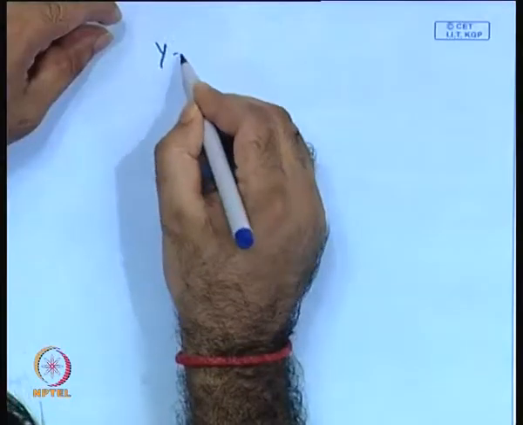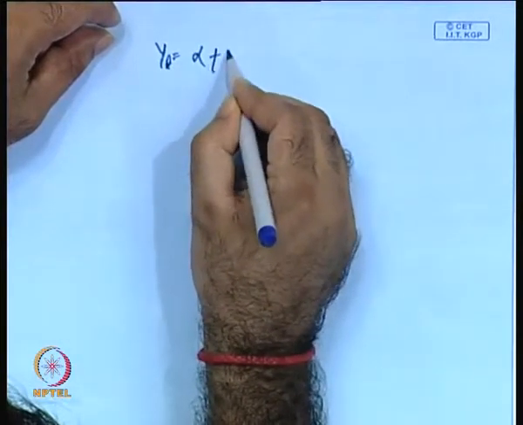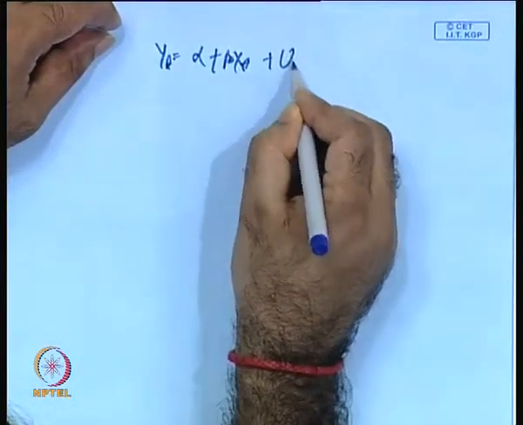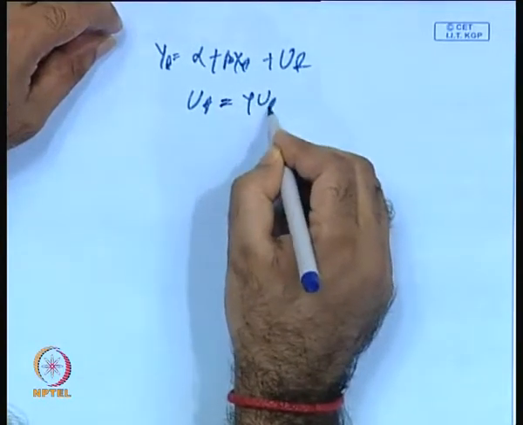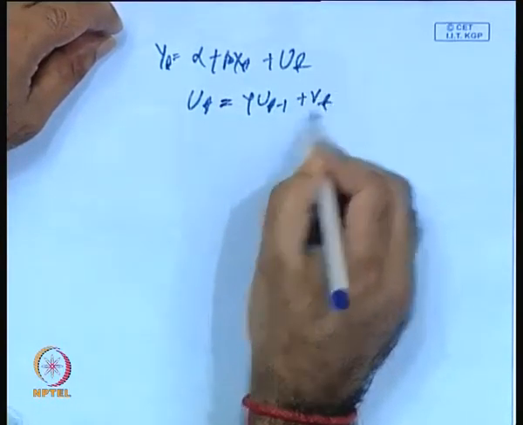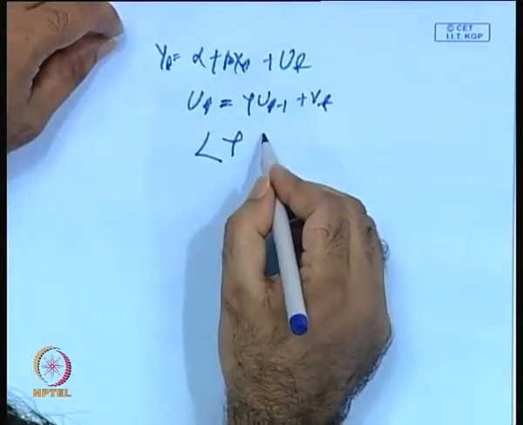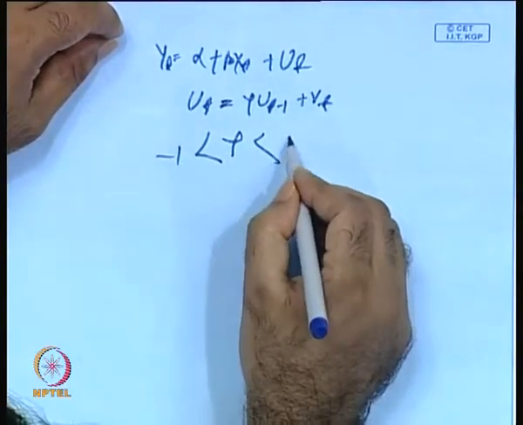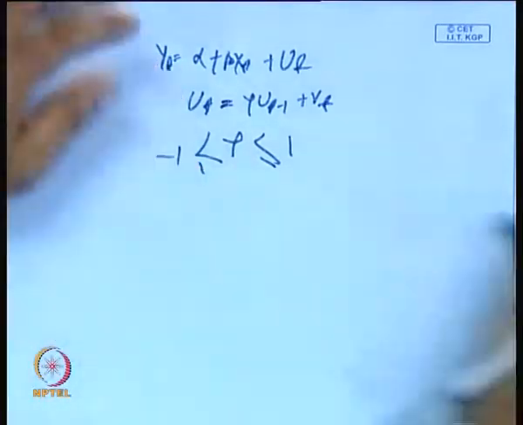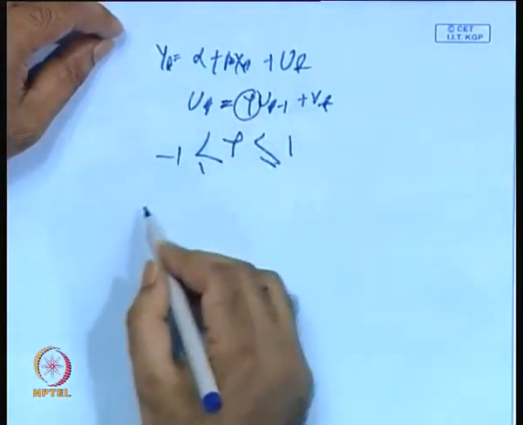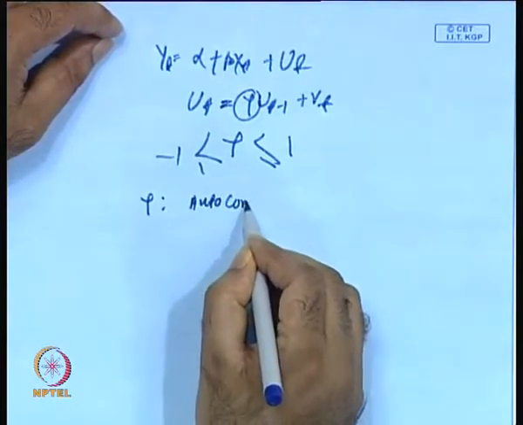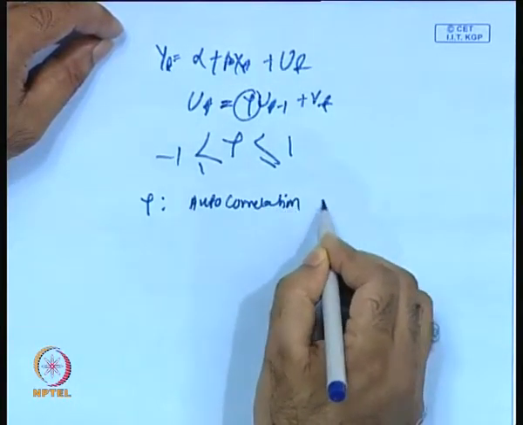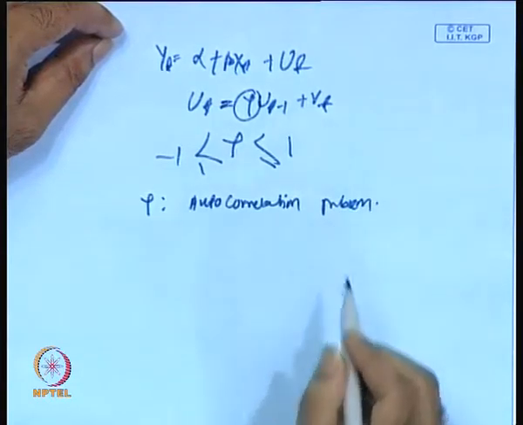Once you have yt equal to alpha plus beta xt plus ut, then ut equal to rho ut minus 1 plus bt. Rho generally lies between minus 1 and plus 1. You see here rho is the signal of the autocorrelation problem.